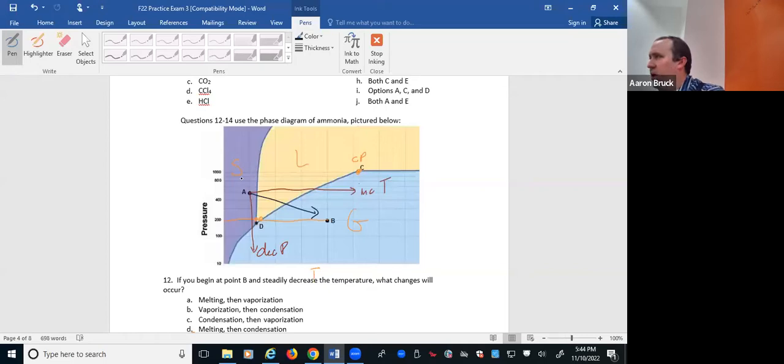I believe the ones that we used in class were like dark blue and light blue and yellow or something like that. That's not a consistency. So look more at the lines. The regions will always be the same. The far left region will always be solid. The far right region will always be gas, and liquid will be somewhere in the middle.